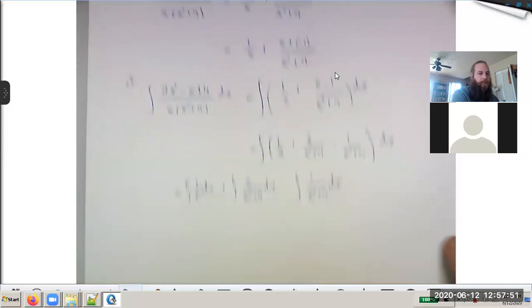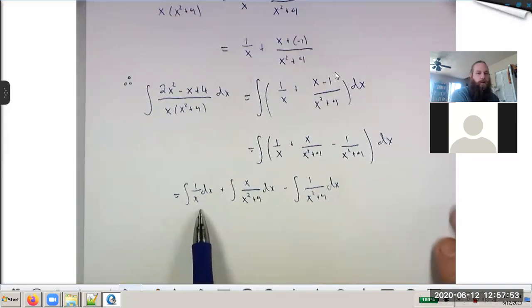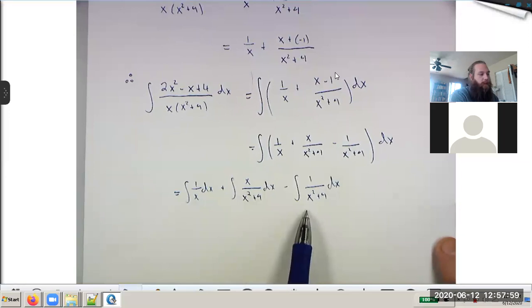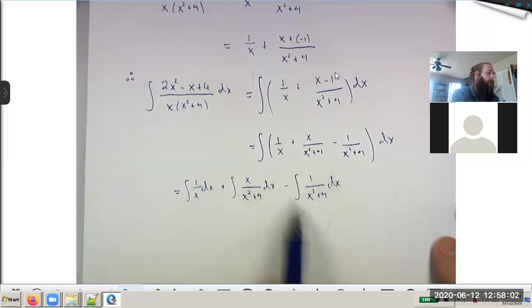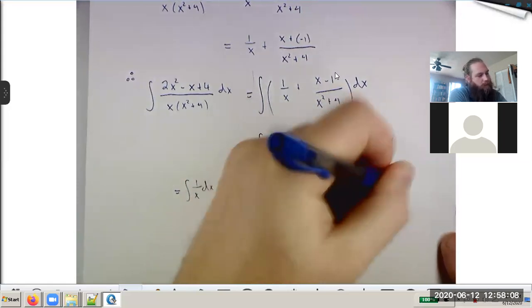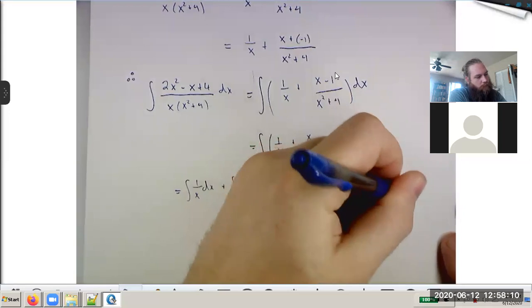All right, this will be a natural log. This will require a little substitution. This will require a trig sub. This is going to be an arctan. And the way you get there is by letting x equal 2 tan theta.